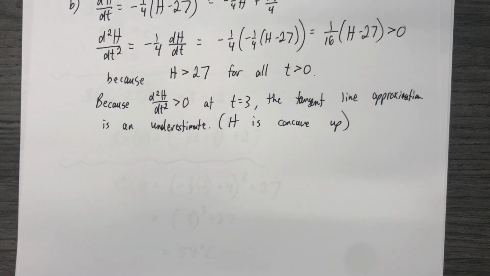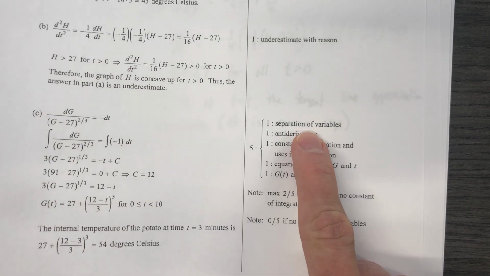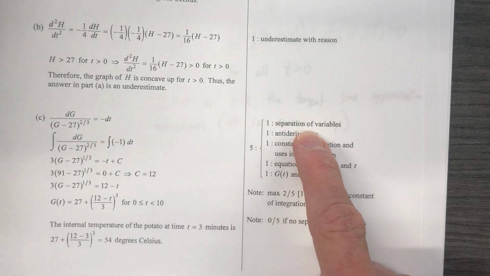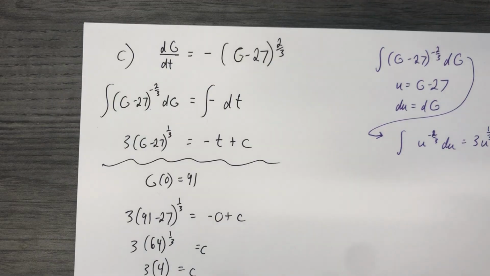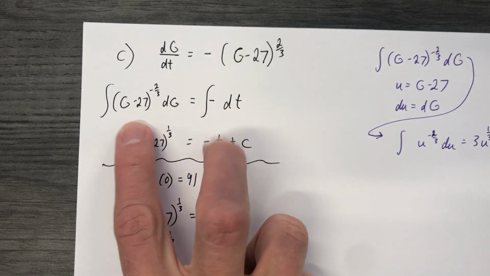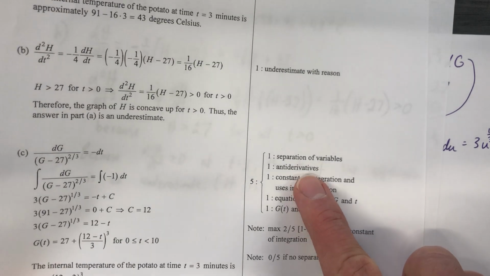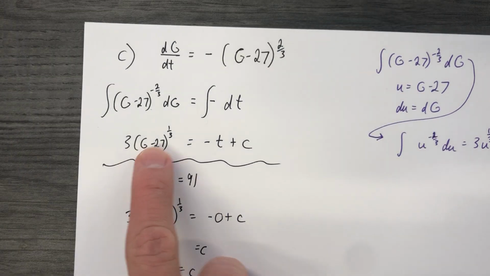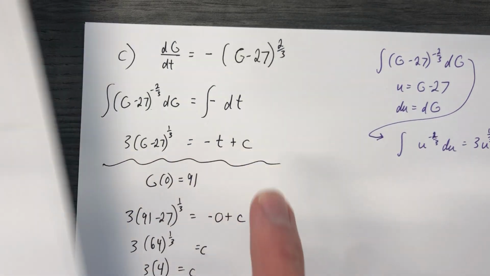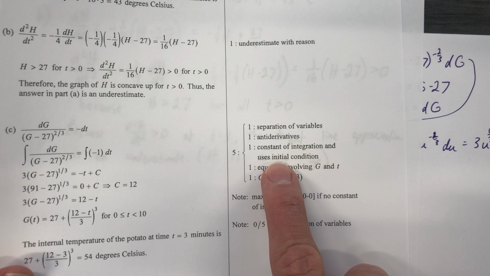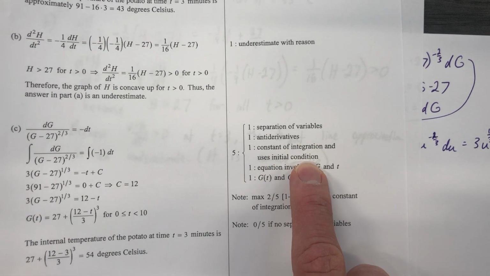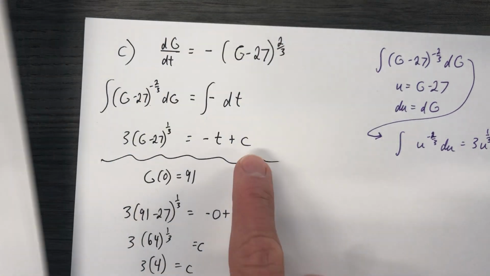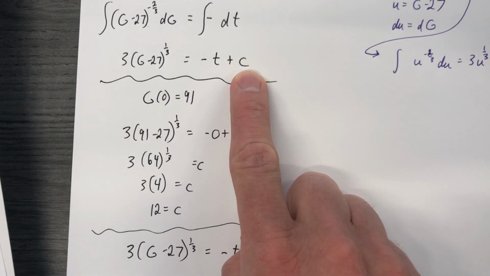All right, and then part C, 5 points here. Separation of variables. Did I separate my variables? Indeed I did. I split my G's and my T's. Did I take antiderivatives? Yes, I did. Did I use a constant of integration and use the initial condition? Constant of integration plus C, use the initial condition.